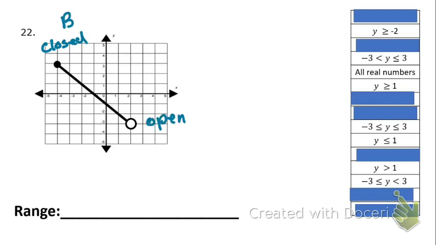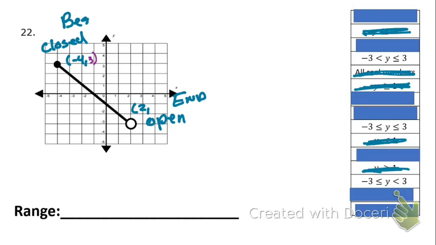This means it has a beginning and an end. Okay? So that means this answer choice is gone, this one is gone, that one is gone, that one is gone, and that one is gone. Okay? So again, we are looking at the y value. I'm doing purple. We're looking at the y value.